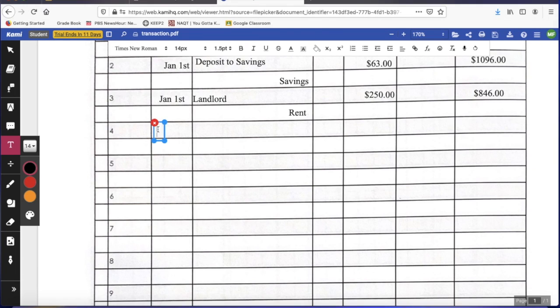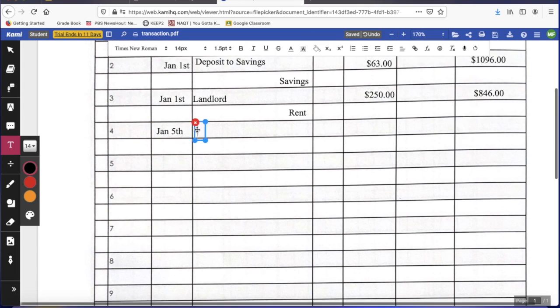Okay, next transaction. Looks like number 4, Sam is responsible for all the utilities on the 5th of every month. His water bill is due. He meets up with the water company to see how much he owes. Looks like $21. So it looks like he said January 5th.